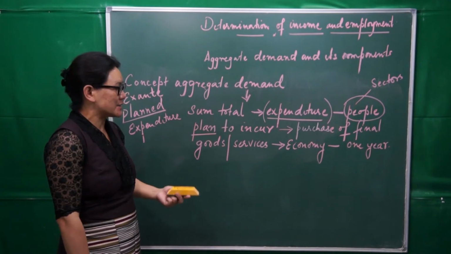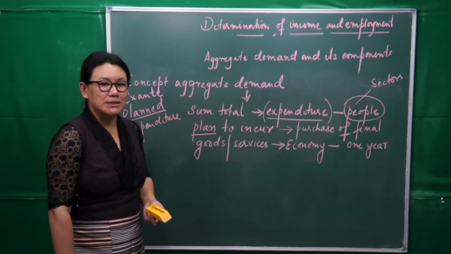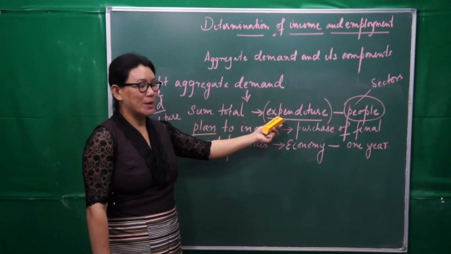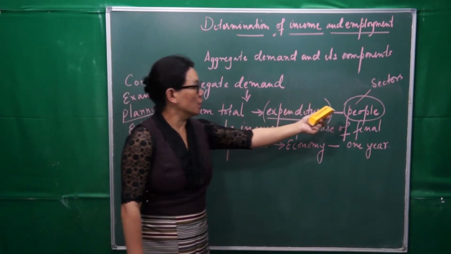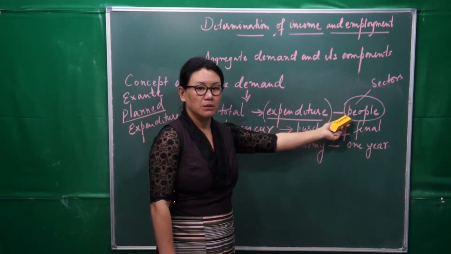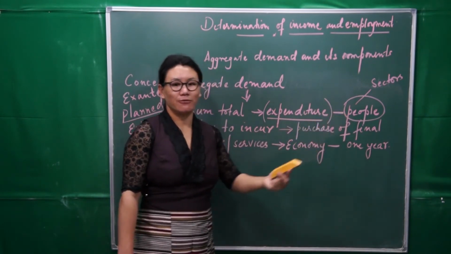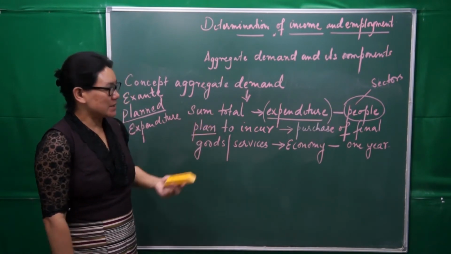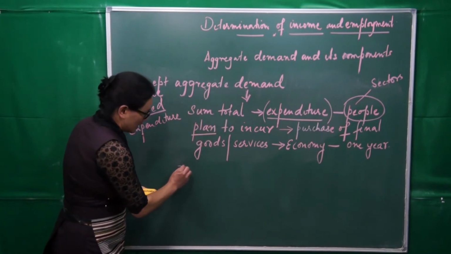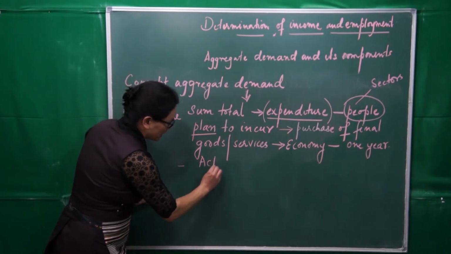Is that clear? Okay. Now see here. I said aggregate demand is the total planned expenditure by the people on the purchase of final goods and services. It is not an actual expenditure.